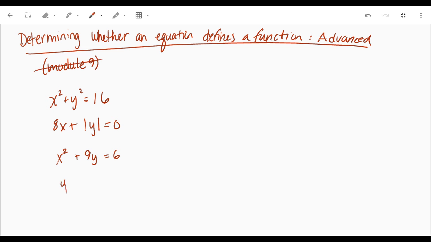Y equals the square root of x minus 1. The big thing here is that if there's a y squared, it's not a function, because what that means is that y could equal, I'm sorry, let's see.